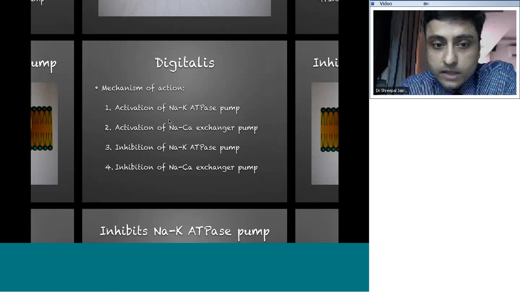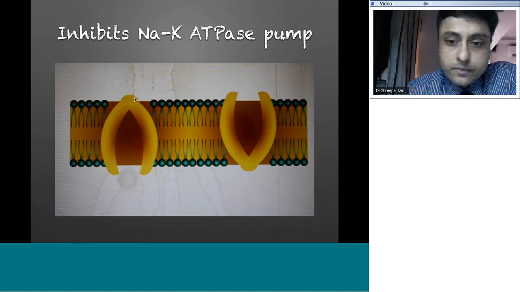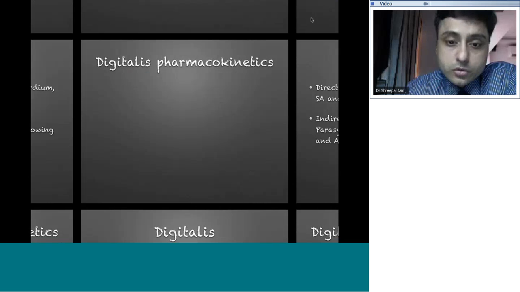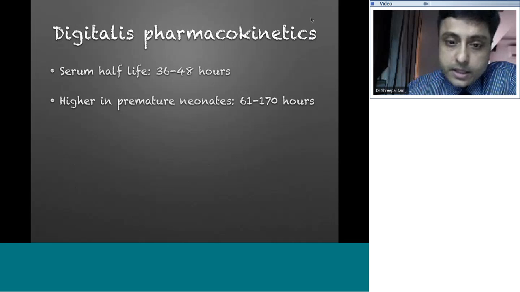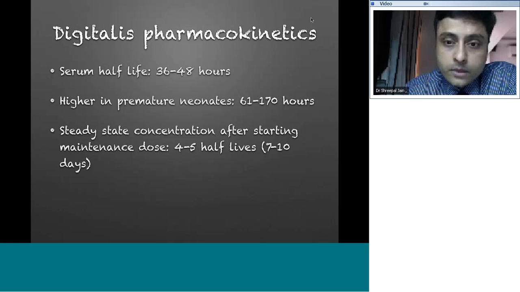The serum half-life is roughly 36 to 48 hours, and is higher in premature neonates, almost 60 to 170 hours. Steady state concentration, if you just start a maintenance dose, can be reached only after 7 to 10 days, that is 4 to 5 half-lives.